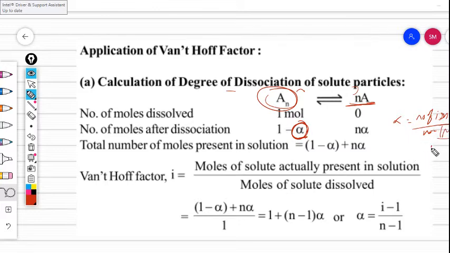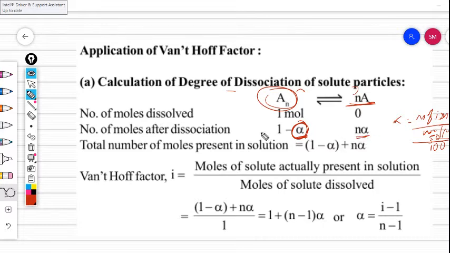So if you take 100 particles, and out of that 50 are dissociated, it will be 0.5 or 50% is dissociated. That is the degree of dissociation. Based on that, the number of particles that are forming will be decided. So if the degree of dissociation is alpha, n into alpha particles are going to form.